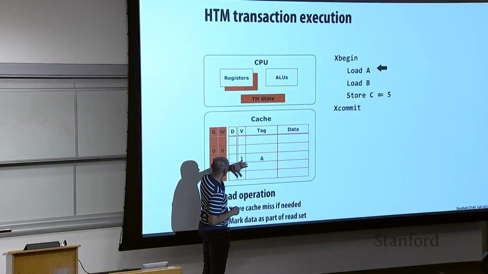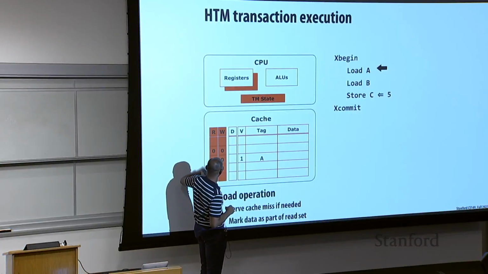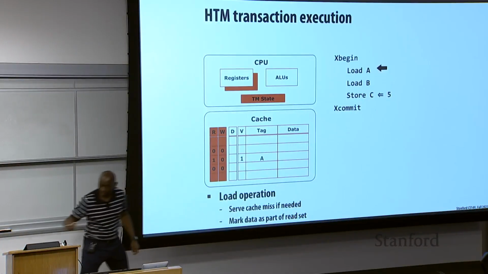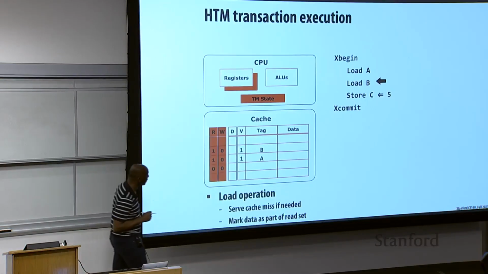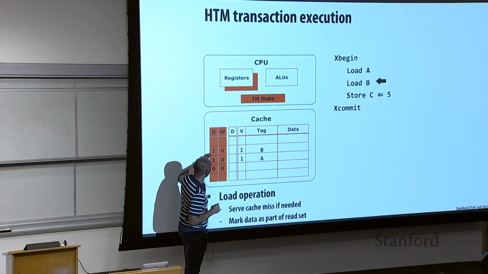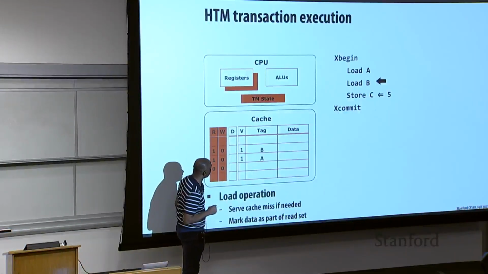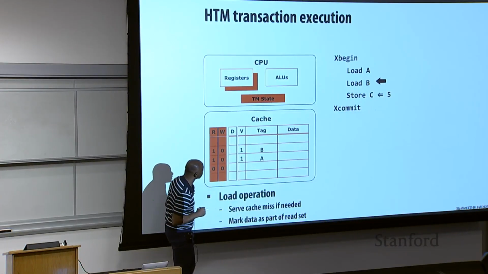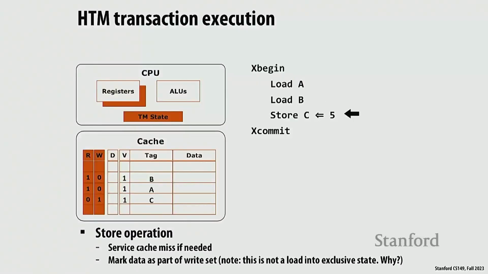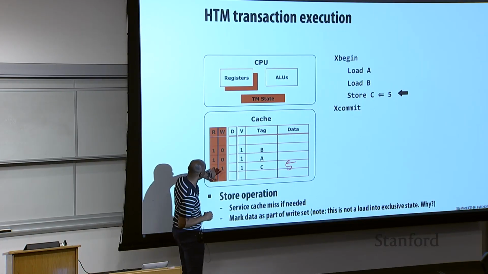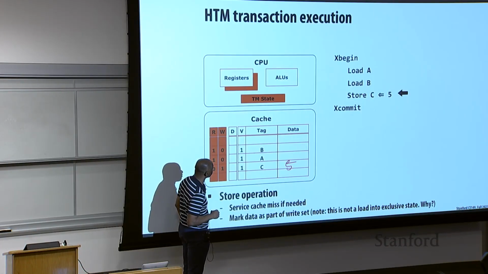We also have to indicate that it's part of the read set, so we need to set the R bit. Similarly for B, we set the R bit for the B address. And then for C, we put a 5 in here just to be correct. This needs to be part of the write set.